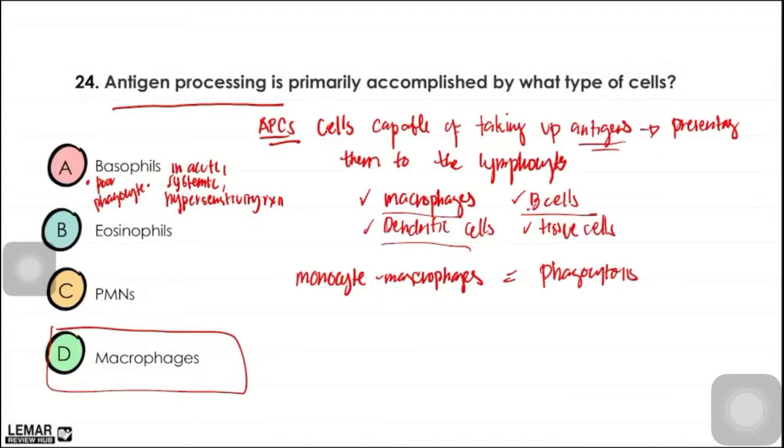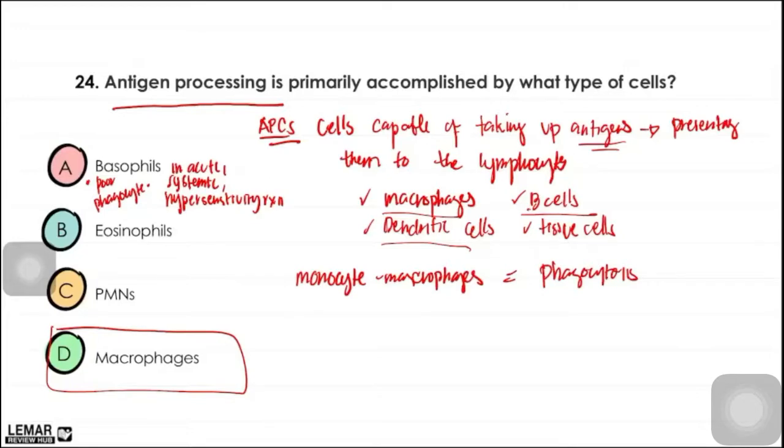Eosinophil is considered a homeostatic regulator of inflammation. They have a major role in host defense mechanism because of their ability to kill parasites, particularly the helminthic parasites. We have your PMNs or your polymorphonuclear neutrophils.